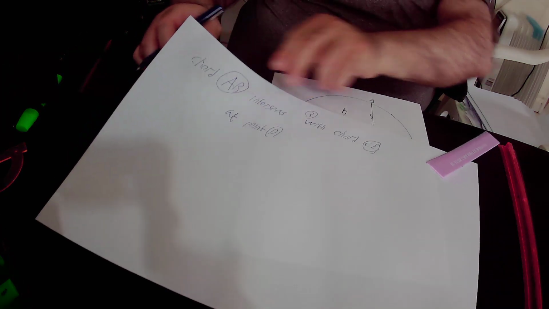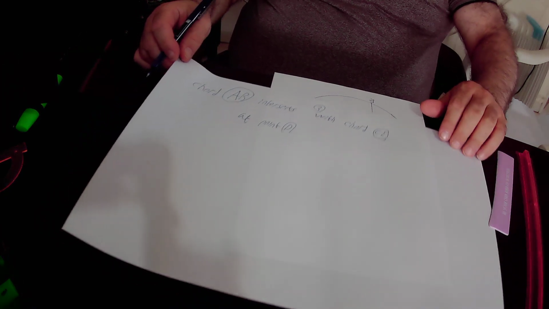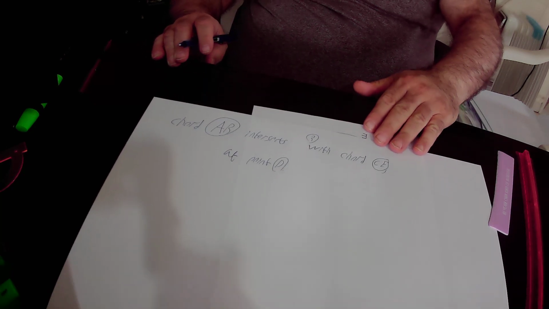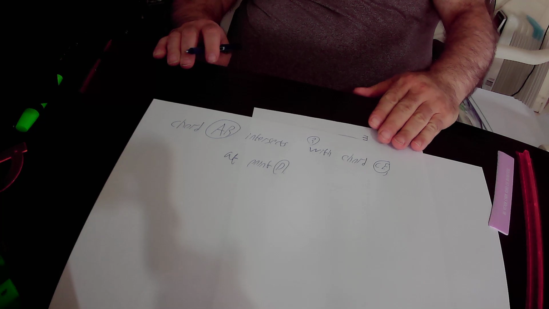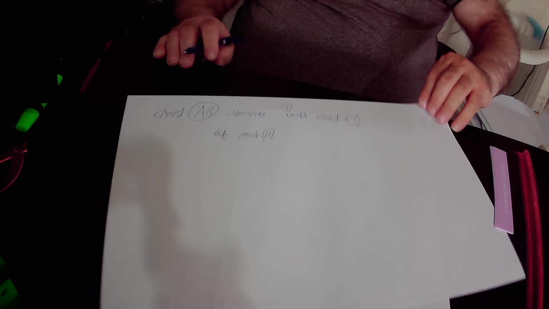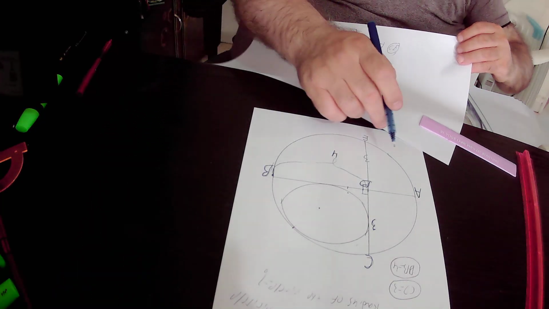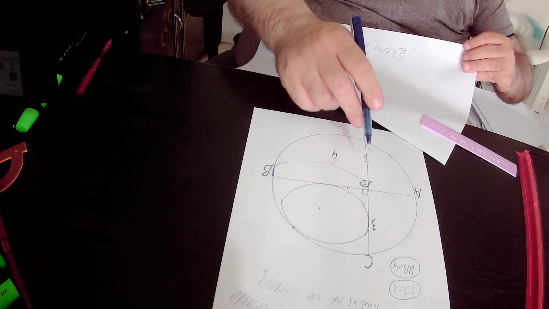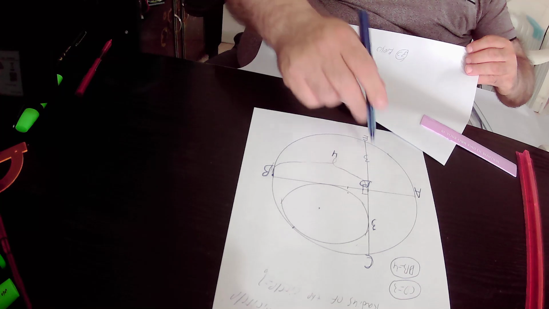I'll repeat again. In our original drawing, chord AB intersects with chord CE at point D. Okay? Point D is the intersection point of chord AB with chord CE.